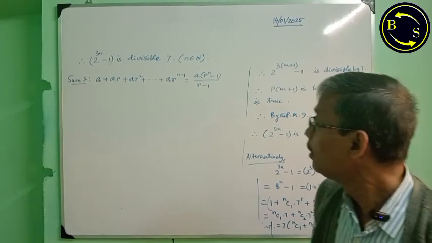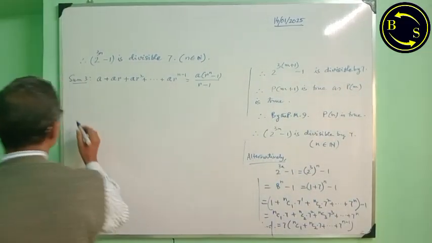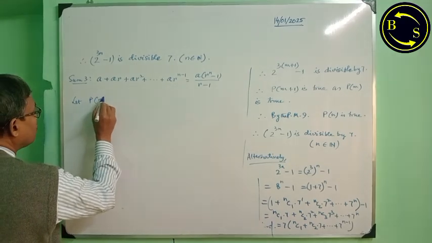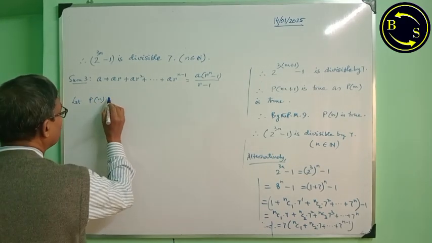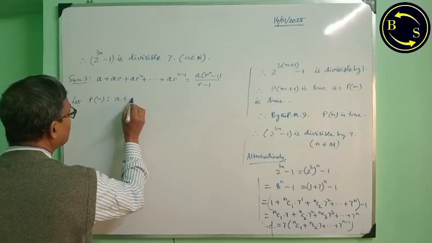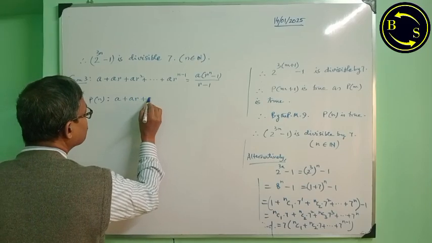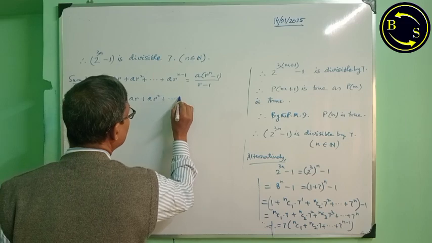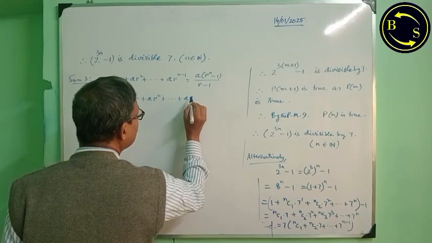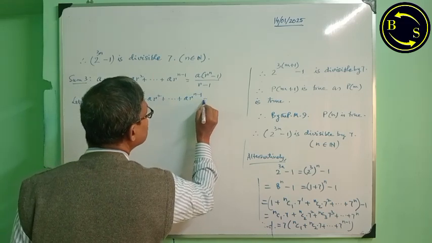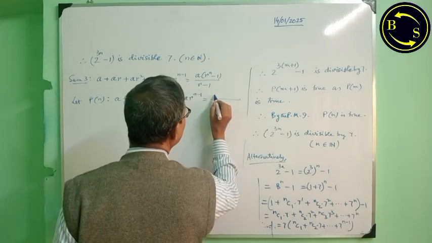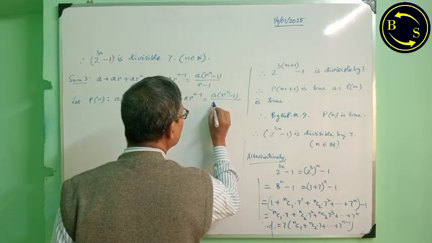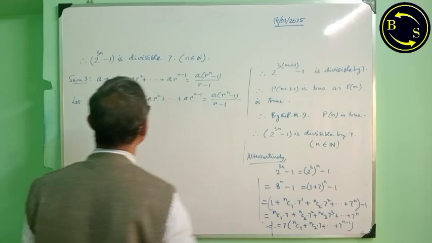Sum, let Pn: A plus AR plus AR square plus AR to the power n minus 1 is equal to A R to the power n minus 1 divided by R minus 1.